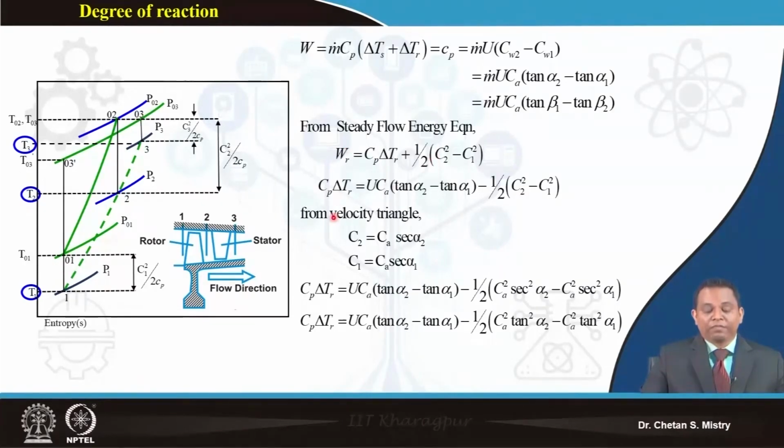The work done for the rotor is Cp delta Tr, since we take the aerodynamic work and thermodynamic work to be the same. This represents the velocity component. Using the velocity triangle, we can write Cp delta Tr in terms of tan of the angle.